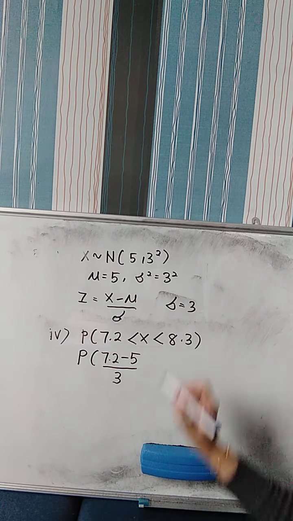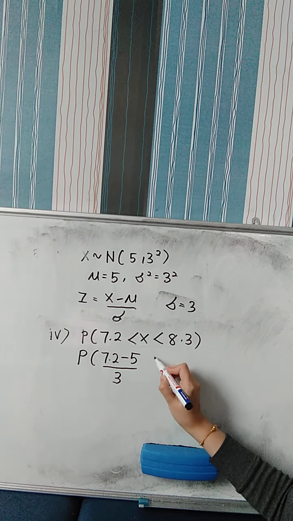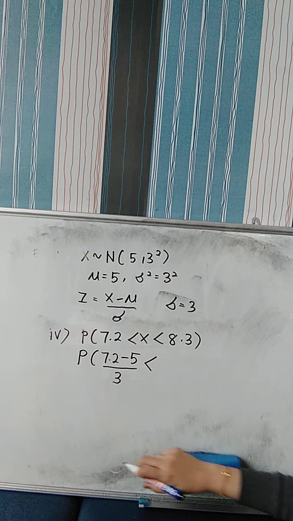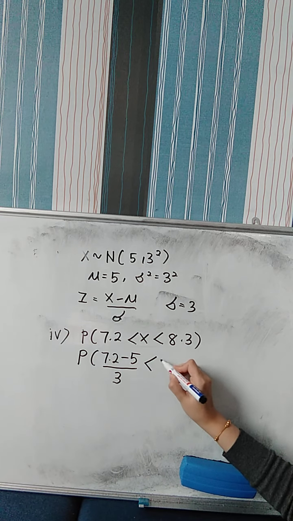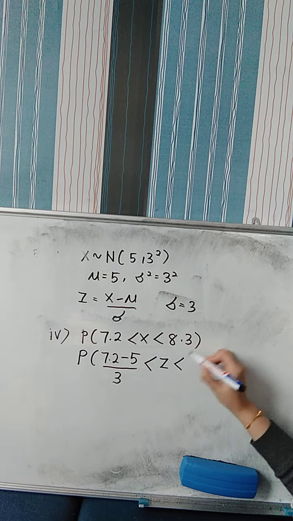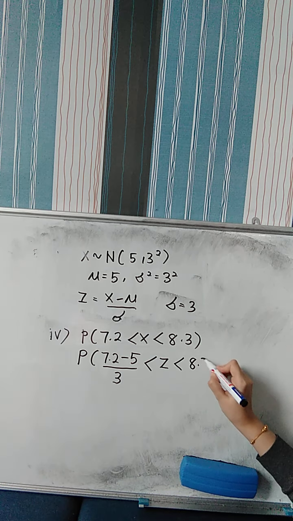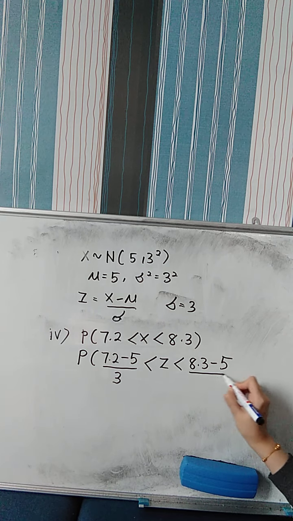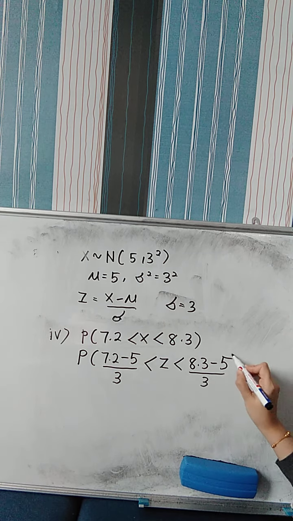Okay, then the symbol here is less than. Same, no need to change anything. So, less than, X becomes Z, less than, same. On your right, 8.3, you need to minus 5 and then divide by the standard deviation 3.